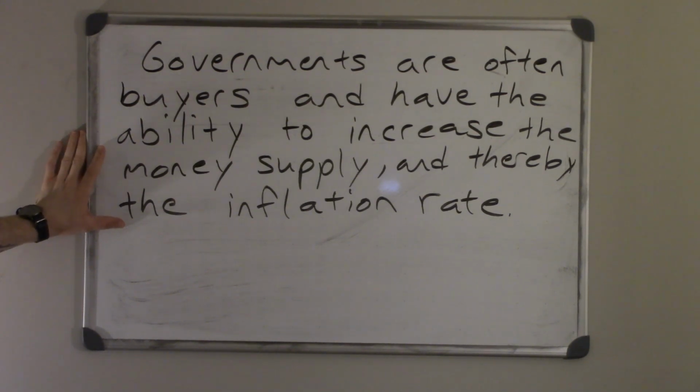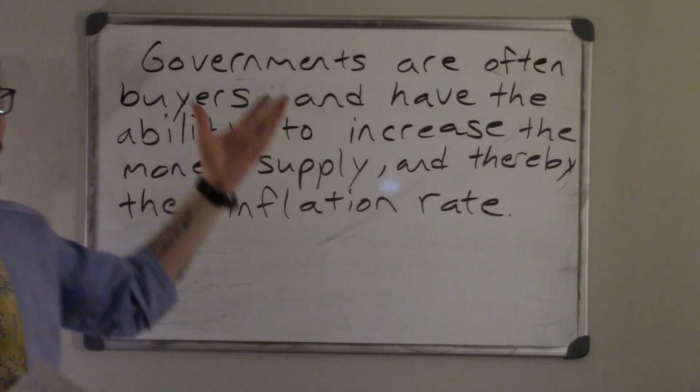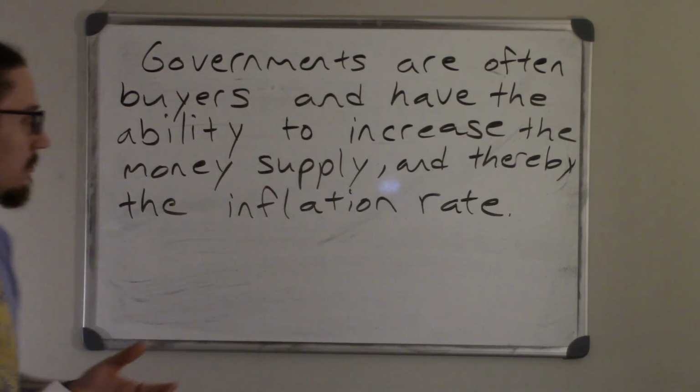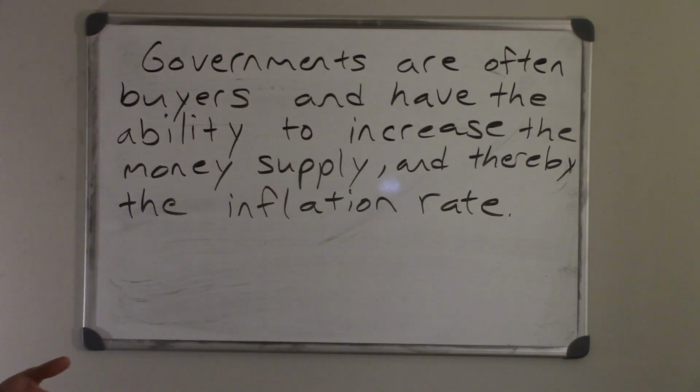If a government wanted to, they could just print off a bunch of money and use that to pay off their debts. That would certainly transfer wealth from the lender to the borrower.